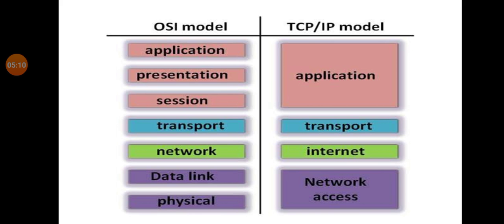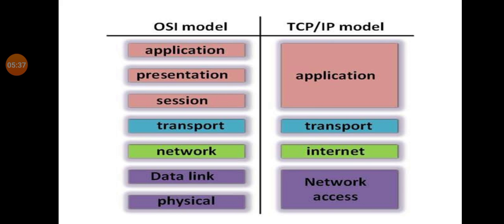Then the internet layer defines the packet format, and the protocol used is called the Internet Protocol. So the protocol used by the internet layer is IP. The internet layer is supposed to deliver IP packets to the upper layers.